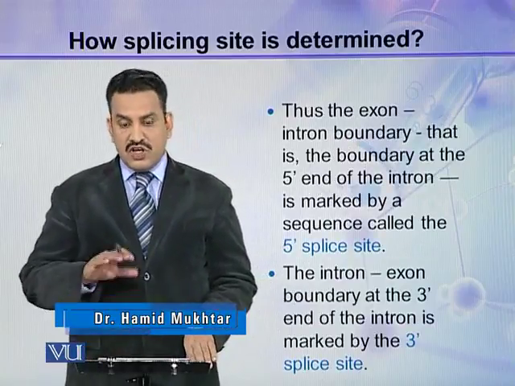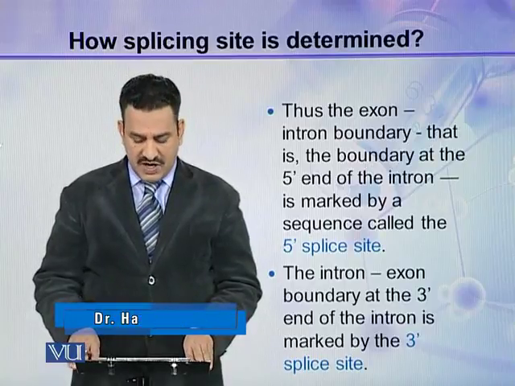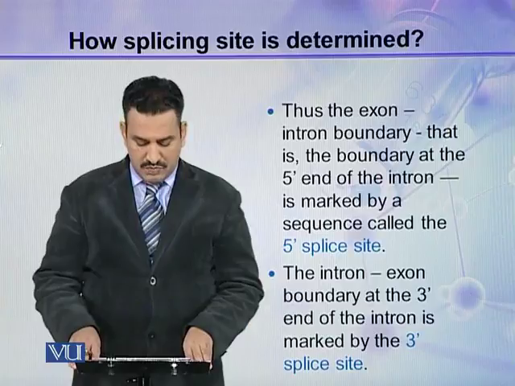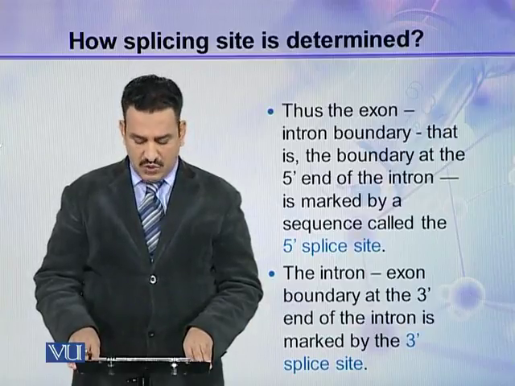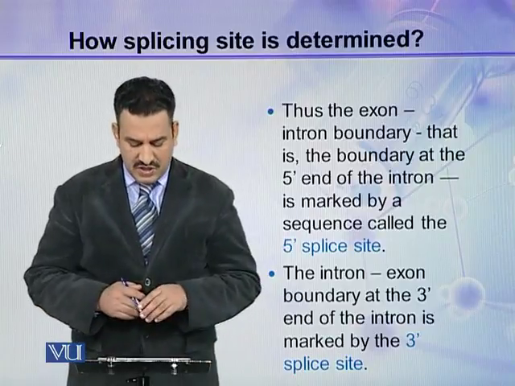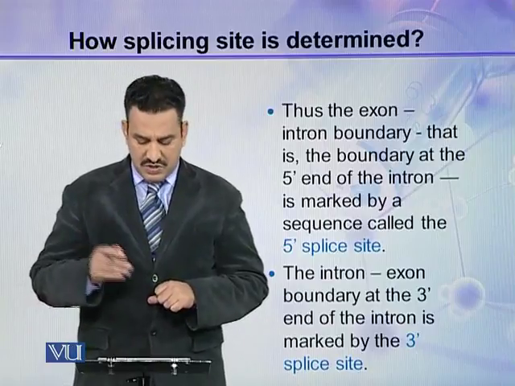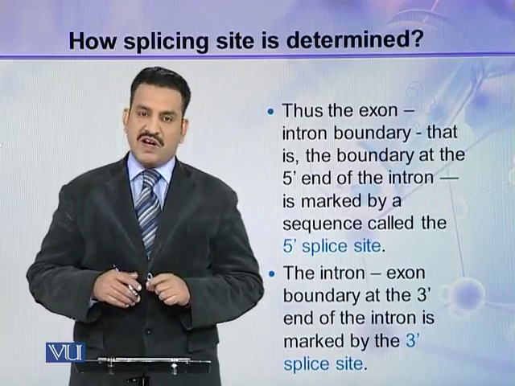Thus, the exon-intron boundary, that is the boundary at the 5' end of the intron, is marked by a sequence called the 5' splice sequence or splice site. The intron-exon boundary at the 3' end of the intron is marked by the 3' splice site.